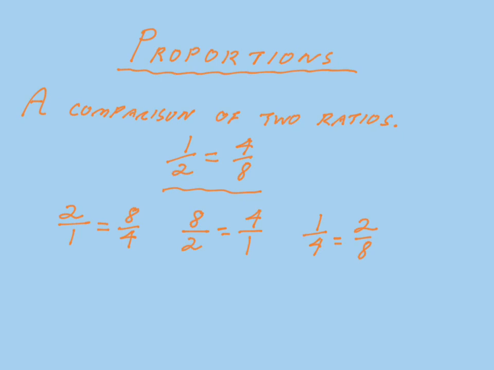Now, when we talk about proportions, there's a way that you can solve them. And it goes along this line. Let's say we have A over B is equal to C over D. Well, in a proportion, this A is the first term. The B is the second term. The C is the third term. And the D is the fourth term.